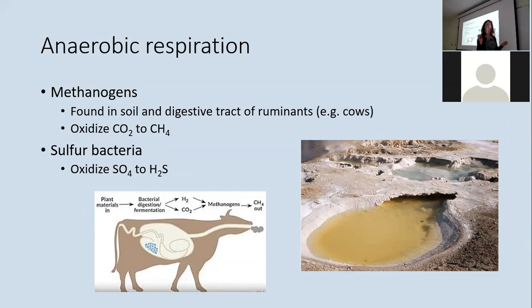So these are methanogens, the bacteria that live in cows' guts that help them break down all the cellulose and stuff that a cow can't actually digest on its own. A cow's gut does not have a great deal of oxygen in it. So those bacteria have to do something different. They take their tired electrons and put them into methane, which is why cows belch and release methane pretty much constantly, because of those bacteria and the waste product of their metabolism.